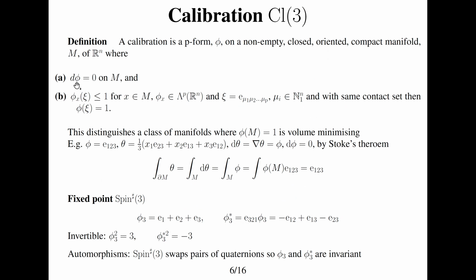A calibration is an exact form where, over any manifold, the scalar product with any set is always less than 1. But when you actually multiply it with the contact set, not in Clifford algebra but with the scalar product in differential geometry, the answer is 1.